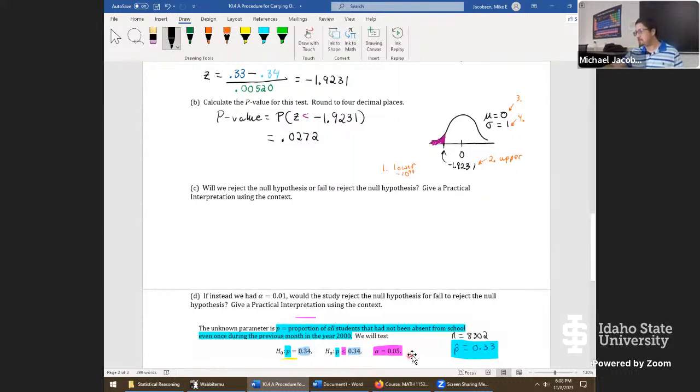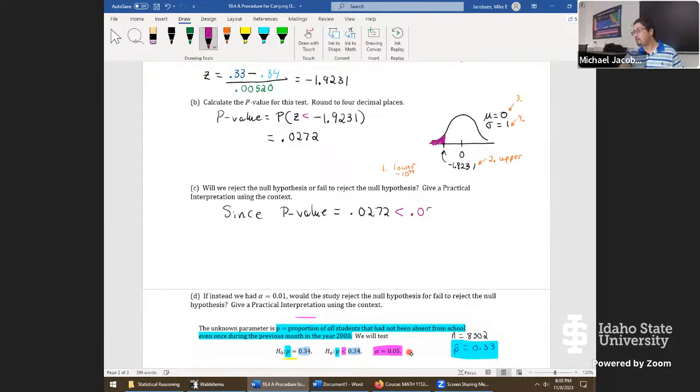So let's say right here, since the p-value, which is equal to 0.0272, then hold that thought, come here, compare it against 0.05, our p-value is smaller, so let's use the less than sign.